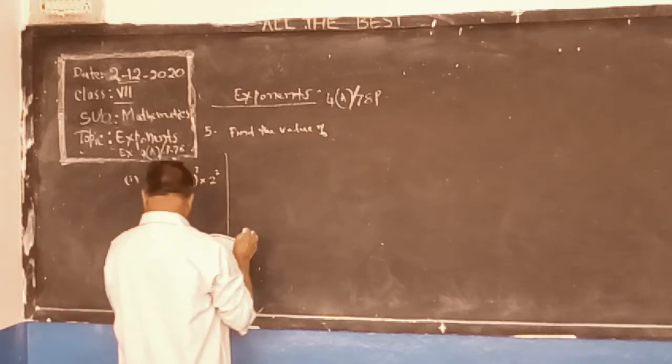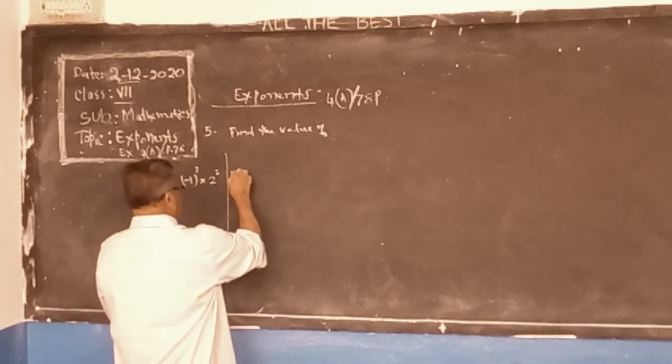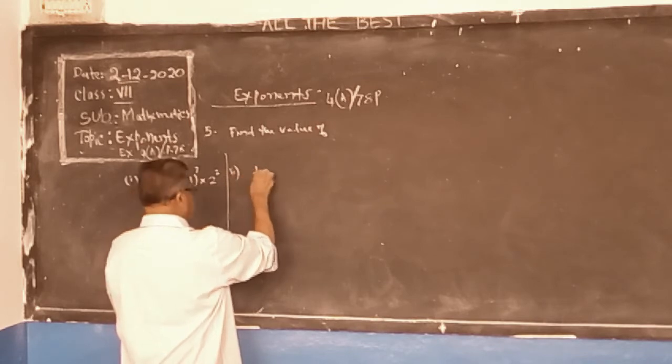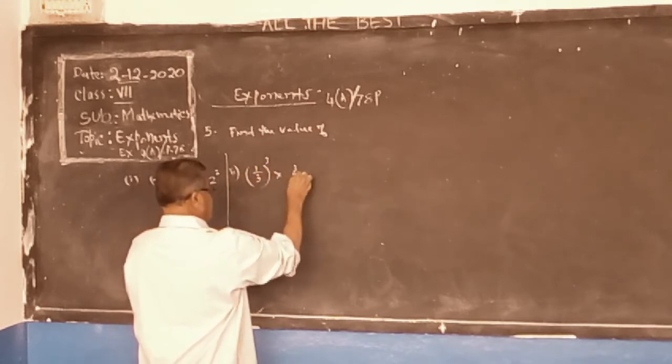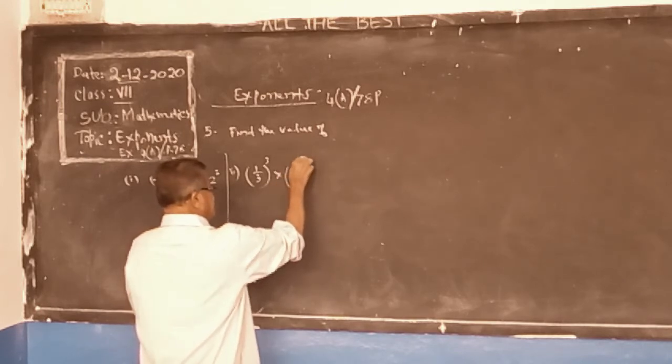Second question: 1 by 3 cube into 3 by 5 whole square.